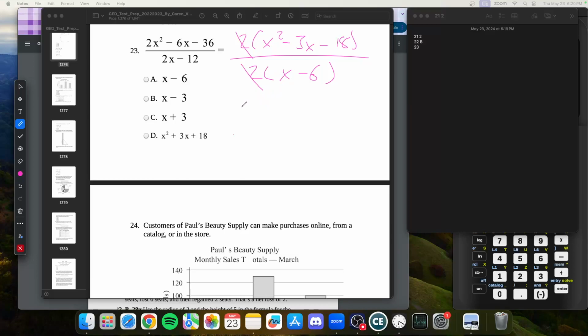And then I can kind of cheat here a little bit because I see the answer choices, and there's nothing on the bottom. So I know that x minus 6 must be a factor of x squared minus 3x minus 18. Well, that means that this has to be plus 3, because negative 6 times 3 is negative 18. And then this makes sense: negative 6x plus 3x is negative 3x.